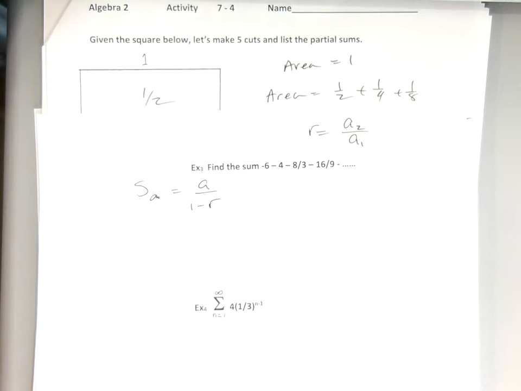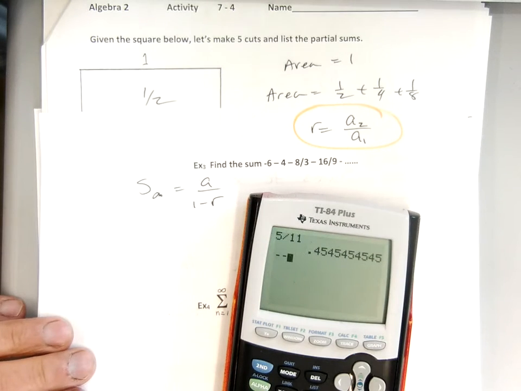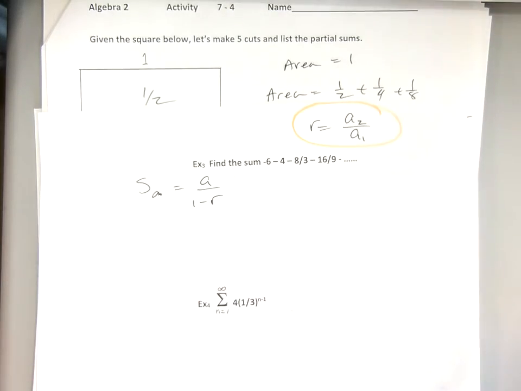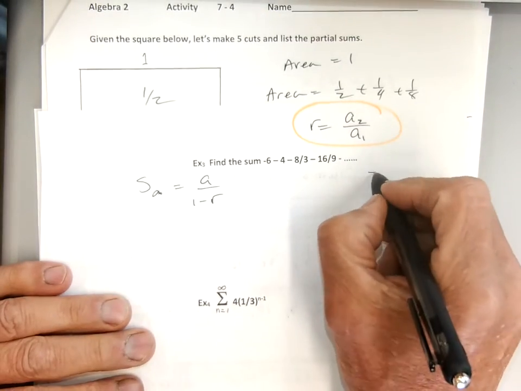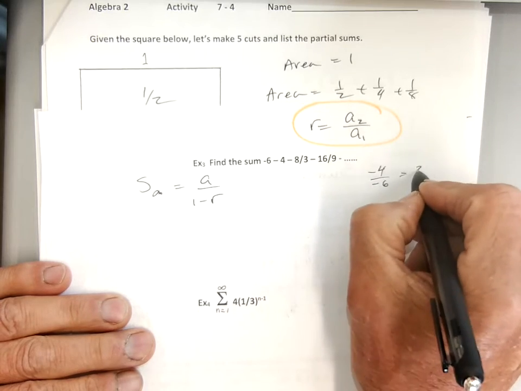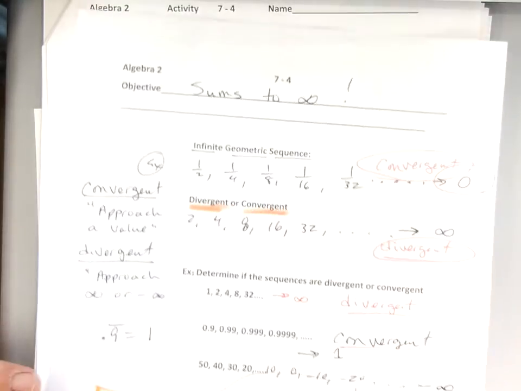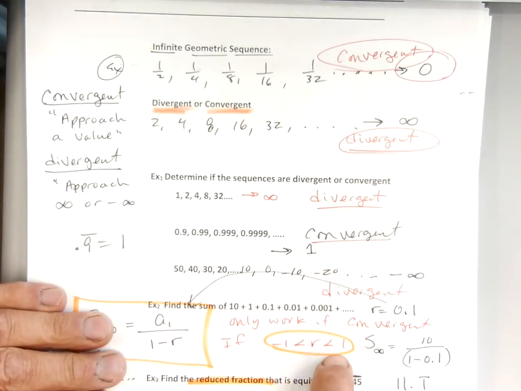If I do that, I'm going to go -4 divided by -6, and I get, well, that's 2/3, isn't it? Which is the right R, okay?